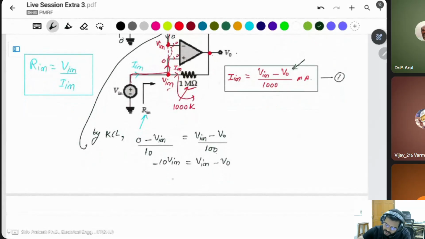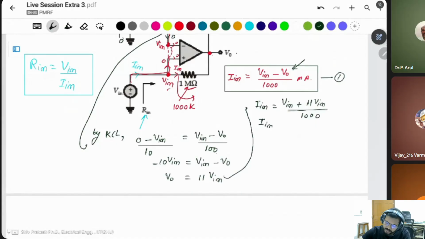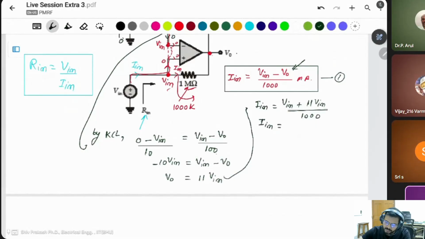Then what is the V naught in this case? V naught is 11 V in. Put the value of V naught here, then I in is equal to V in plus 11 V in divided by 1000. This is minus, that's why this is also negative.